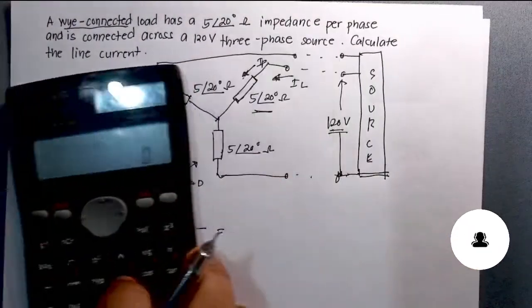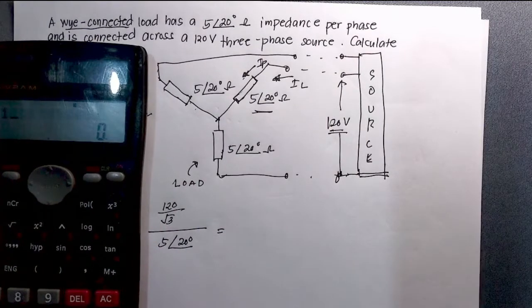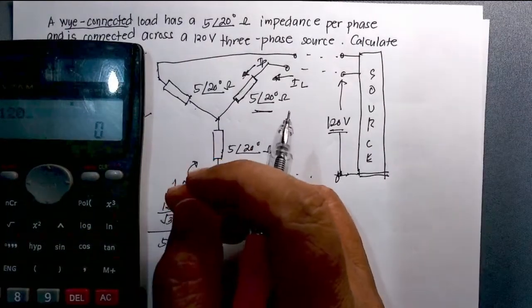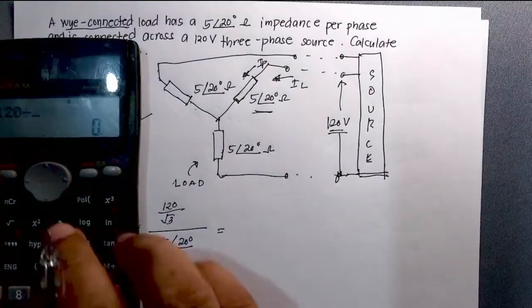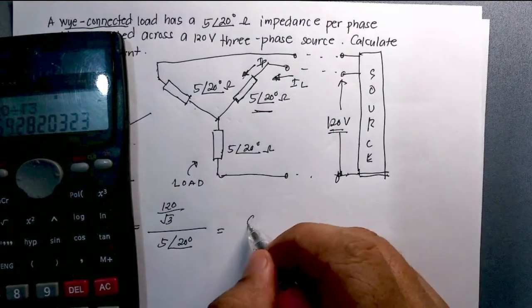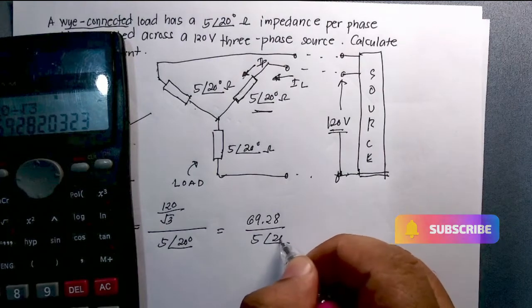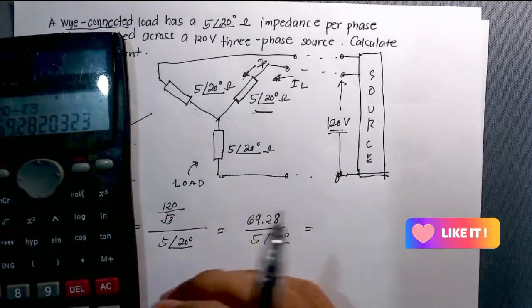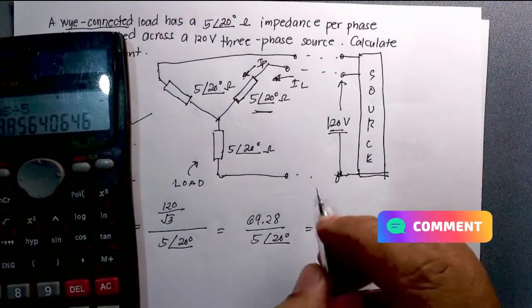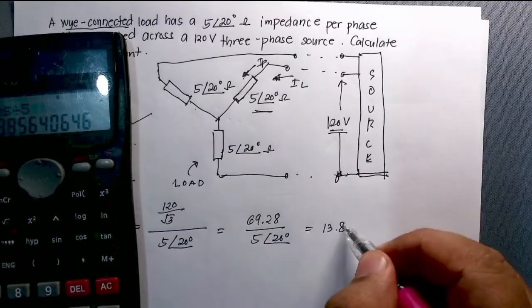So for further calculation, you have here your calculator. Your calculator will give us for 120 divided by square root of 3, that is 69.28 over 5∠20 degree. 69.28 divided by 5 equals 13.856.